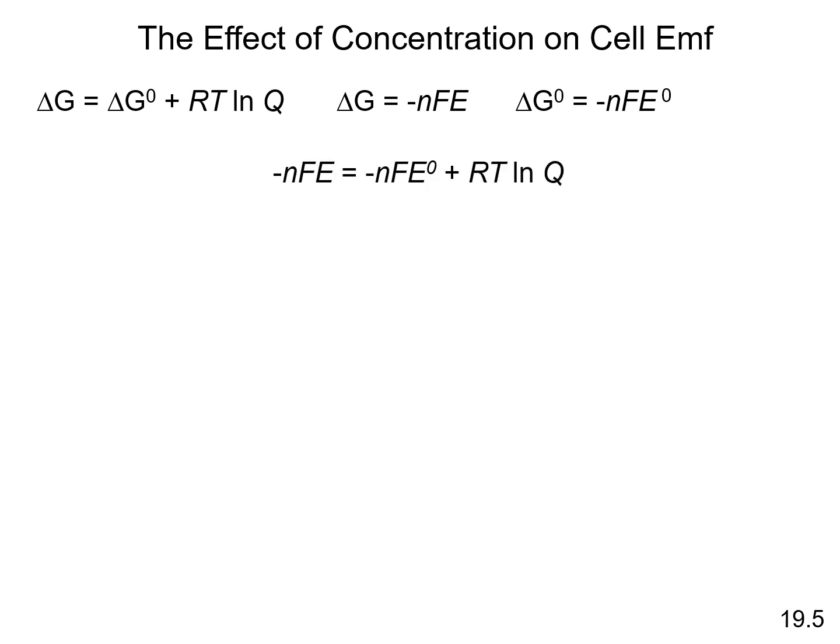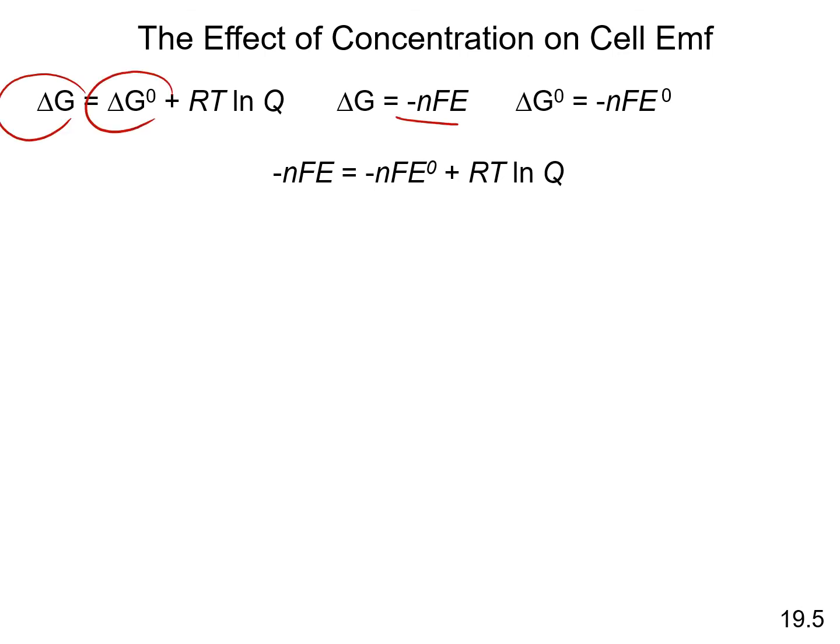So delta G overall is equal to delta G naught, the standard state, plus RT ln Q. Q is just the expression of the given concentrations of the species, similar to our K. We equate it with the formula negative nFE, and also the standard state, and then we directly substitute here, here and here.